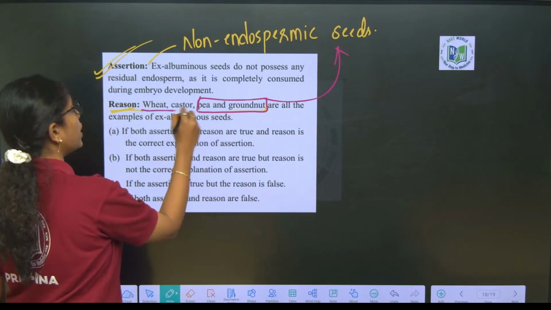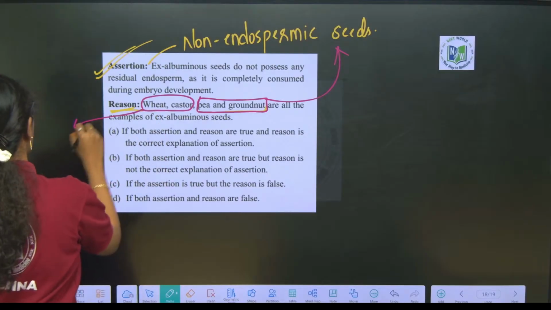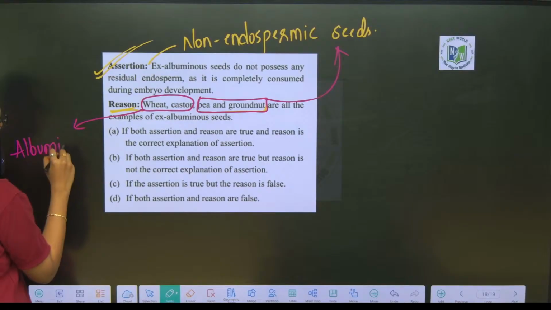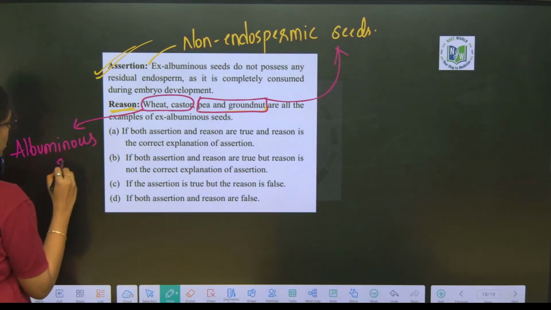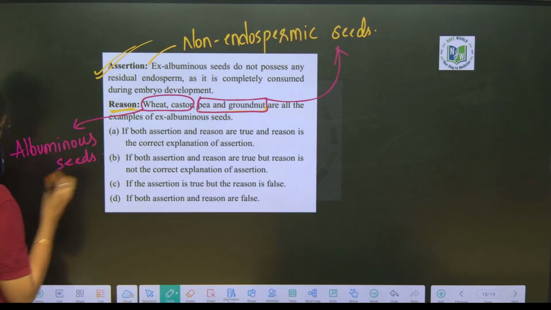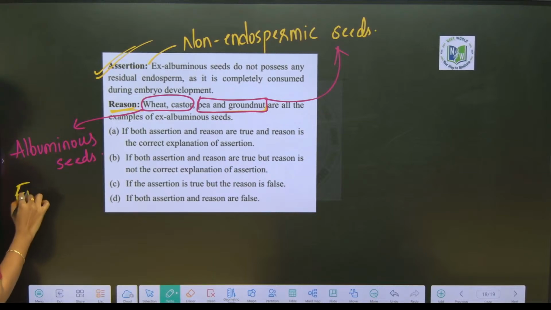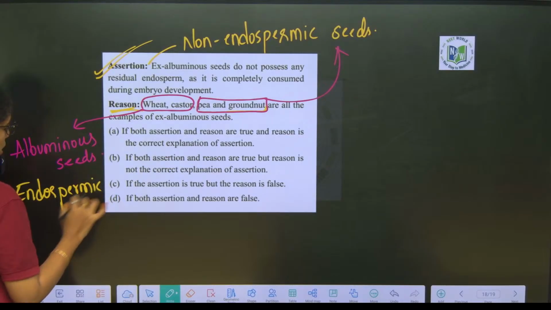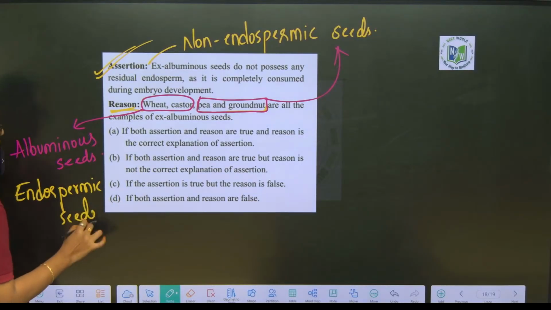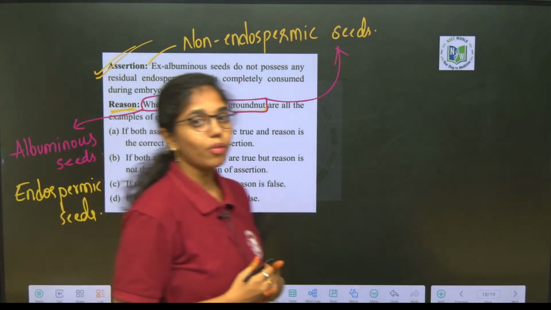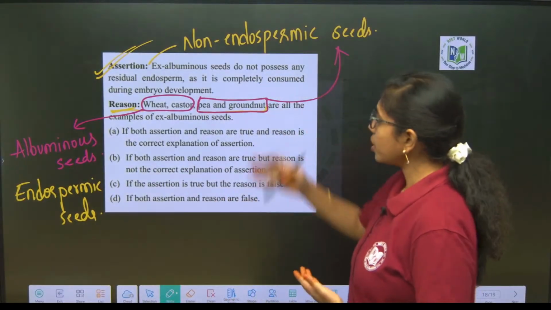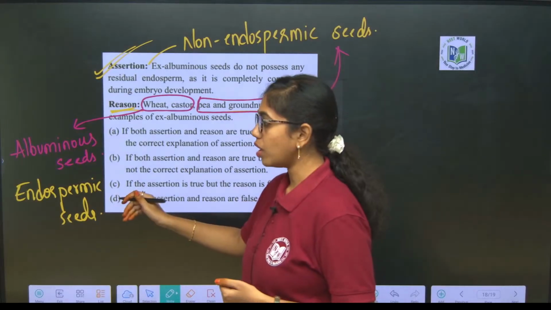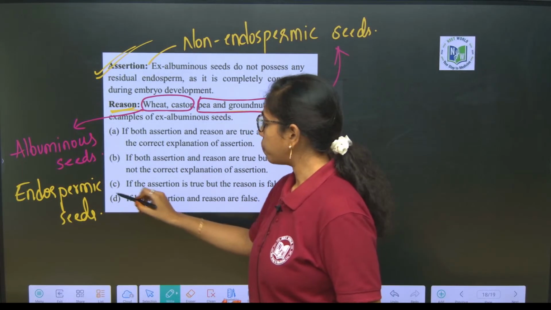So, both wheat and castor are albuminous seeds, or you can also call them endospermic seeds. Fine. So, here what is the right answer? Assertion is true and reason is false. We have to go for option C.